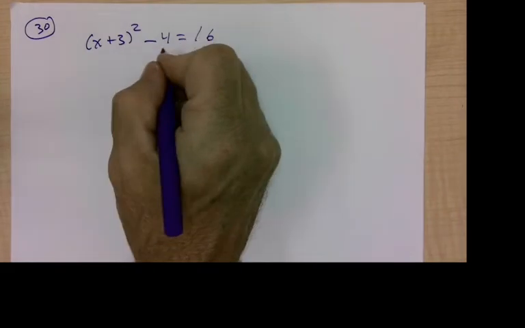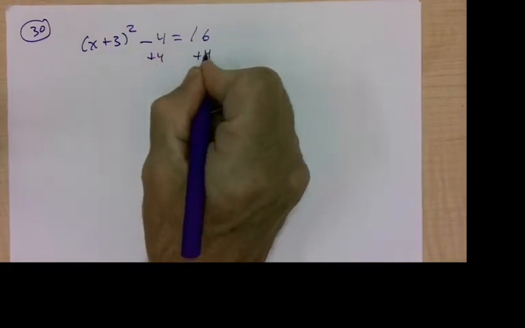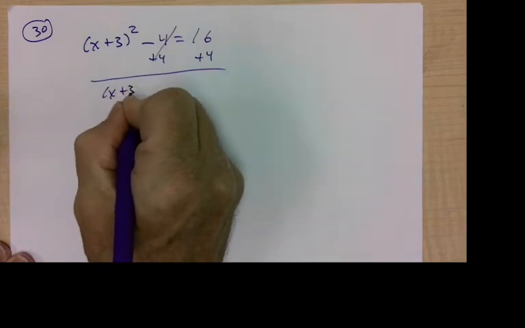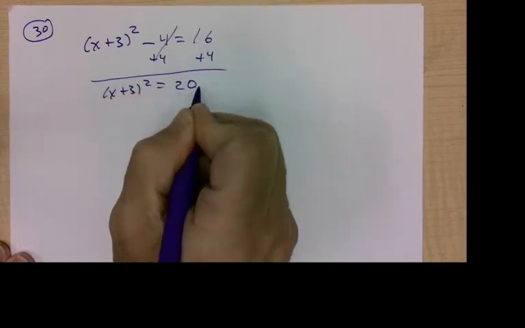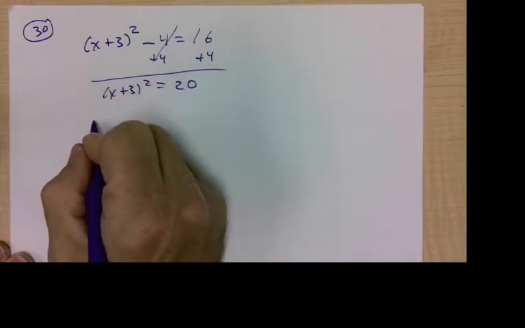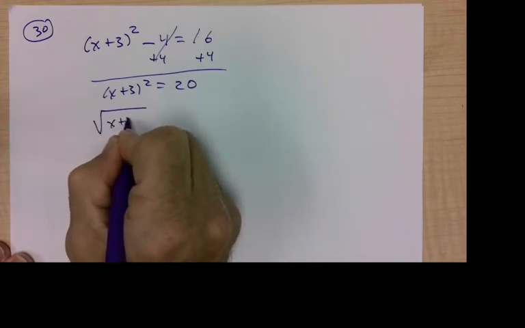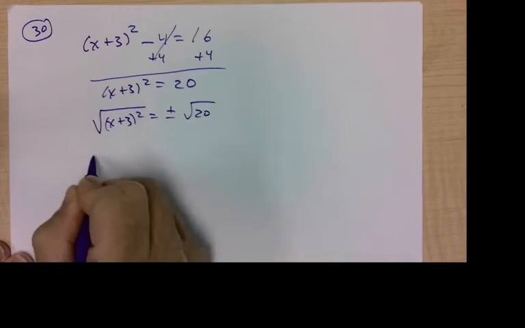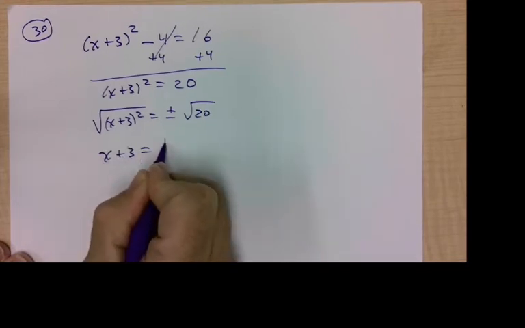Let's add 4 to both sides. Plus 4 plus 4. And I have x plus 3 squared is 20. Take the square root of both sides. Square root of x plus 3 squared is plus or minus the square root of 20. So I get x plus 3 is plus or minus.